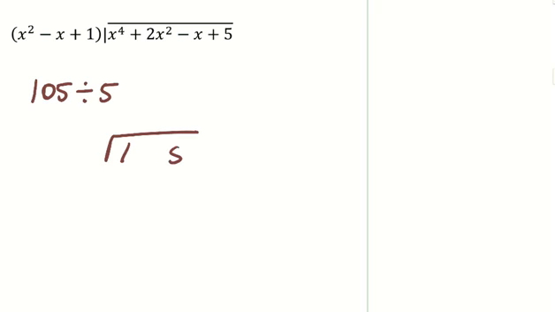If you just had a 1 and a 5 because the 0 was nothing and you didn't put it there, you might not remember that there is an implicit 0 there, and then you would say that was 3. But we know that 105 divided by 5 is not 3, it's 21. So this is why we need to rewrite this, just to keep our place value straight.